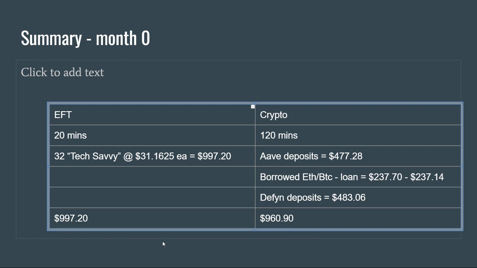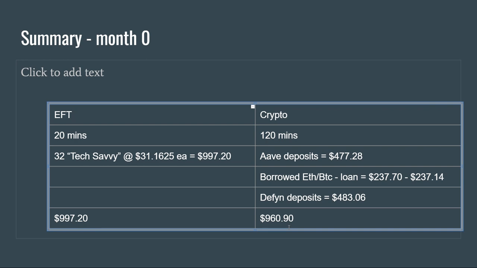One interesting point I thought was that the exchange traded fund side was much simpler, it's quicker to do, and there's only a very small transaction fee to get it up and running, maybe like a 0.2% fee, whereas crypto did take longer, and the amount that I'm quote unquote penalized to get online is almost 4%.